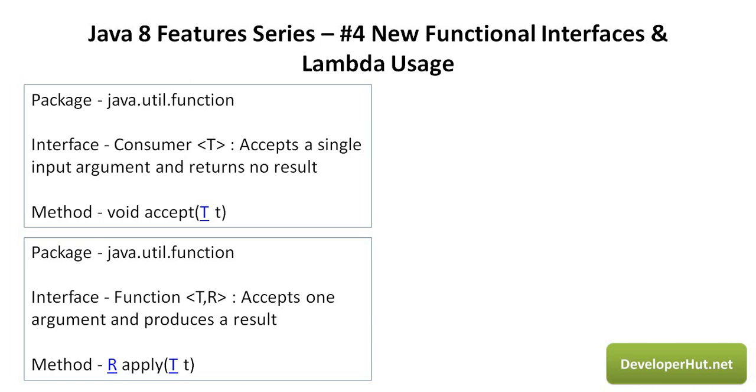The Function interface accepts one argument and returns one argument. It has one method, which is apply, which will take an argument of type T and return an argument of type R.